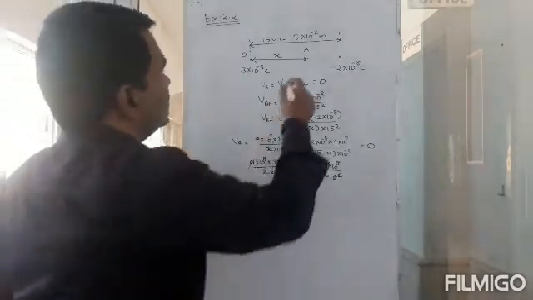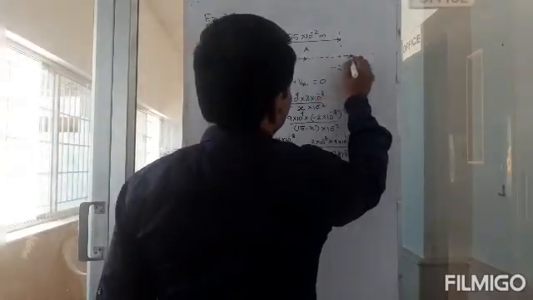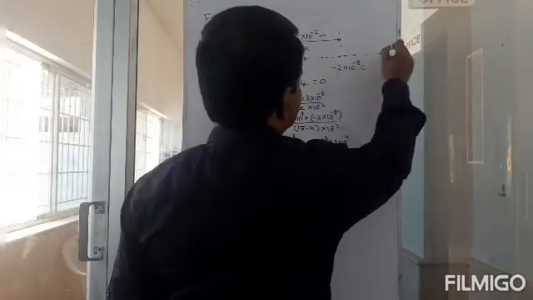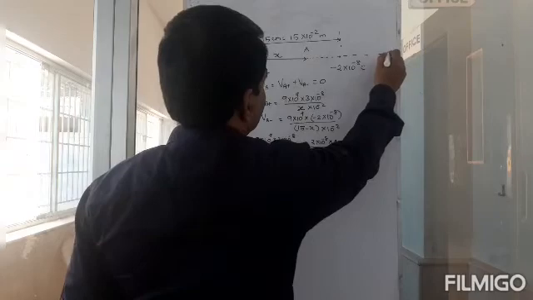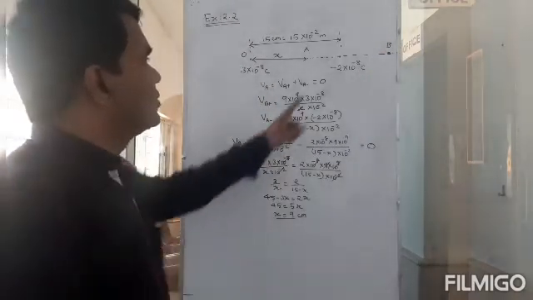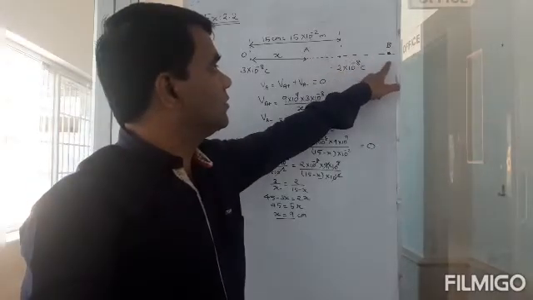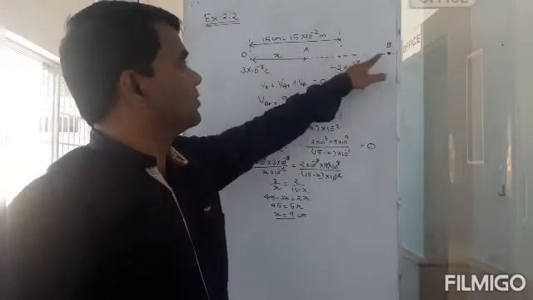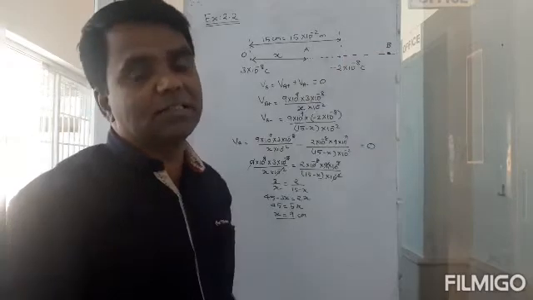You can have a point here also. If I extend it, there can be a point here. I'll call it B. So potential due to this and potential due to this at this point can cancel each other out.